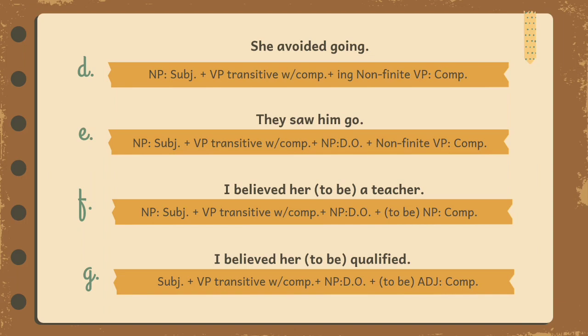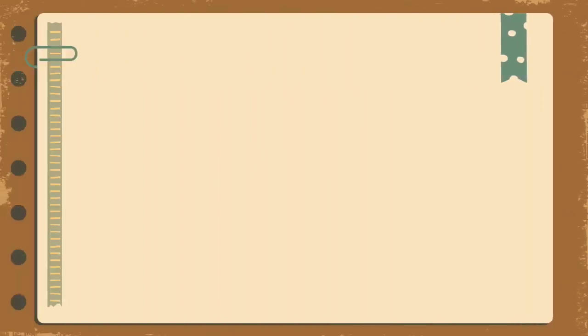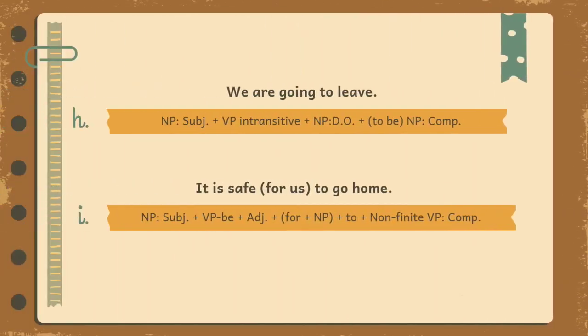F. "I believed her to be a teacher." Noun phrase as a subject, verb phrase transitive with complement, noun phrase as a direct object, optional to be, noun phrase as a complement. G. "I believed her to be qualified." Subject, verb phrase transitive with complement, noun phrase as a direct object, optional to be, and an adjective as a complement. H. "We are going to leave."